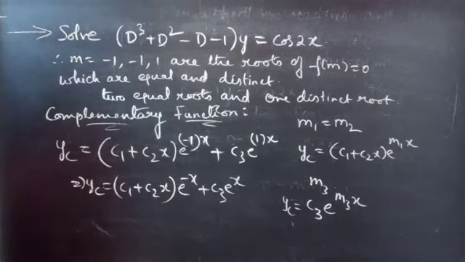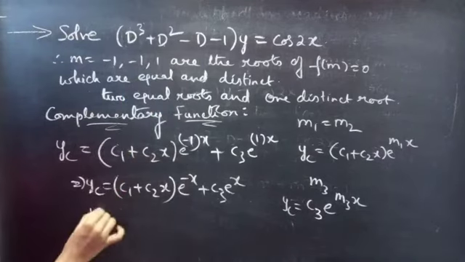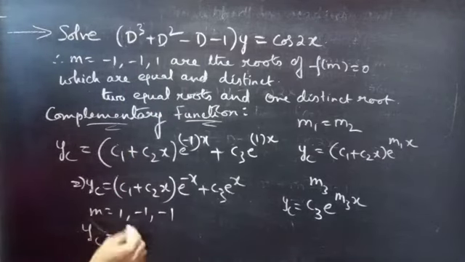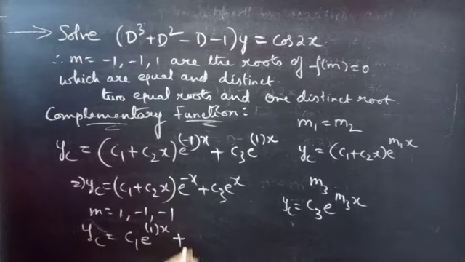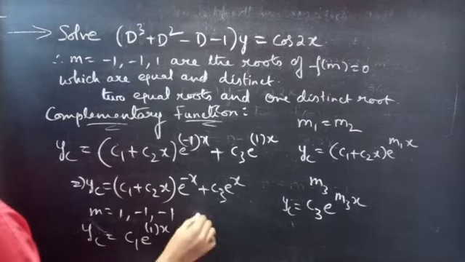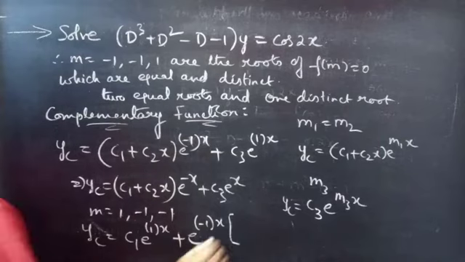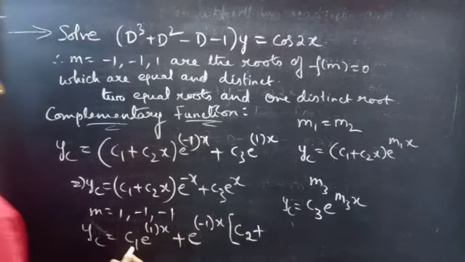Or, if we have written these roots as m equals to 1, minus 1, then our yc will be, firstly we'll write for the distinct root, c1 e power the distinct root into x, plus e power equal root minus 1 into x into the constant, another constant. Here we have used c1, right?